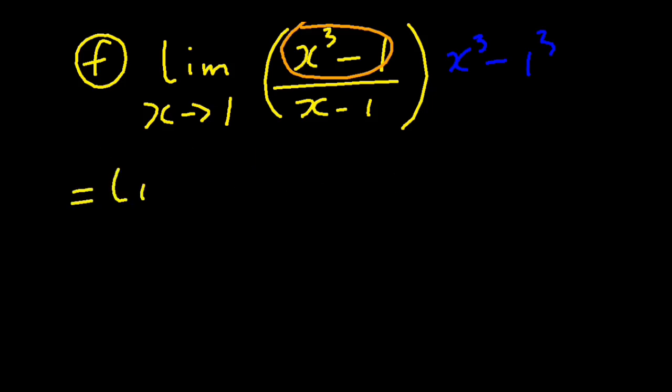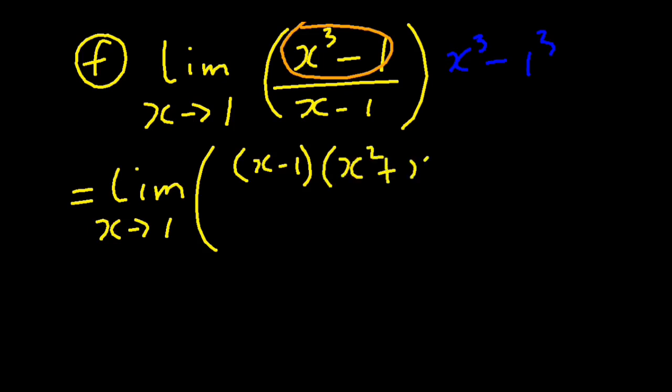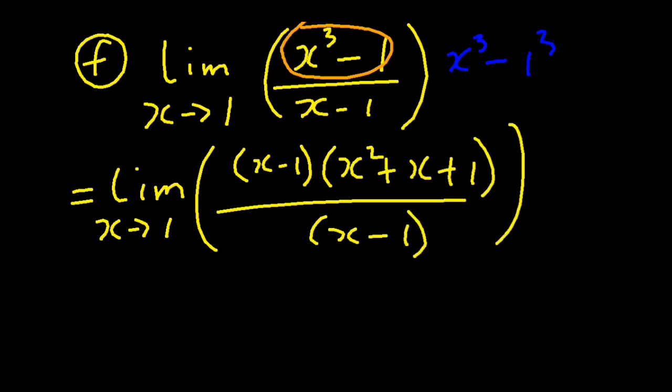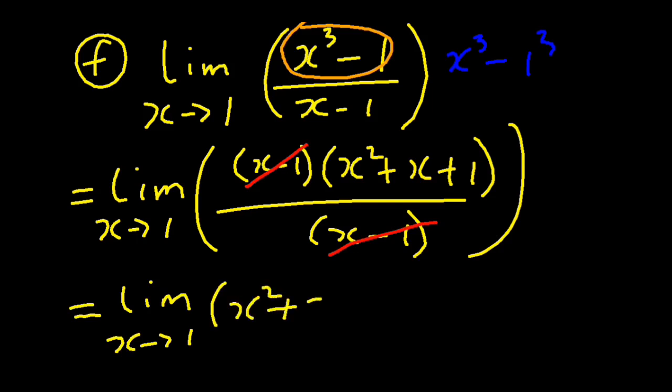So we have the limit when x tends to 1. This will become x minus 1 into x raised to power 2 plus x plus 1 over x minus 1. So x minus 1 will cancel each other. So it's left limits when x tends to 1 into x raised to power 2 plus x plus 1. So this is 1 raised to power 2 plus 1 plus 1, which is equal to 3.